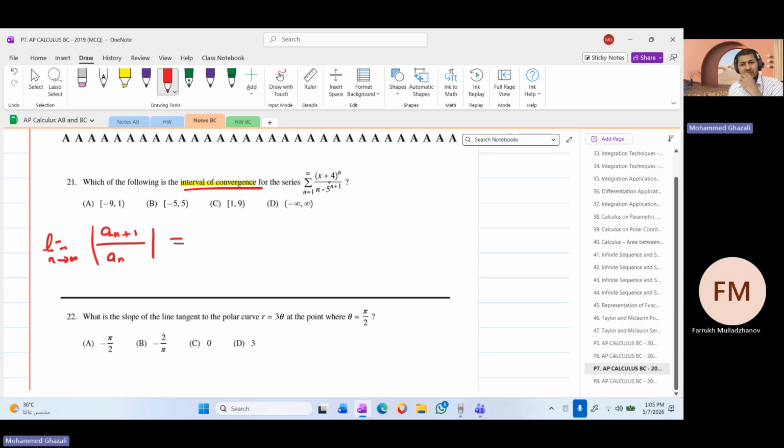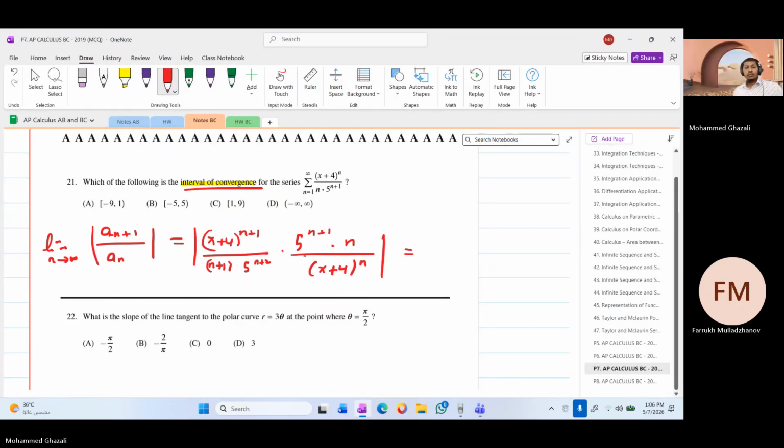So this is a n plus 1: x plus 4 to the power n plus 1 over, don't worry, I'm going to push the limit to infinity just now, n plus 1 times 5 to the power n plus 2, right? Dot. You flip and change: 5 to the power n plus 1, n. I'm just writing in a different order. x plus 4 to the power n.